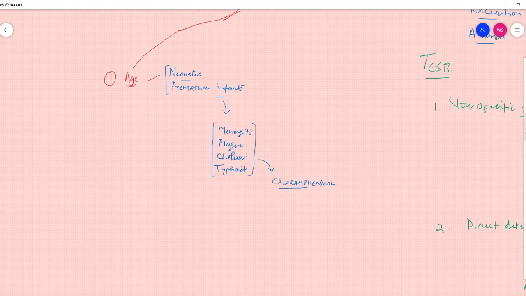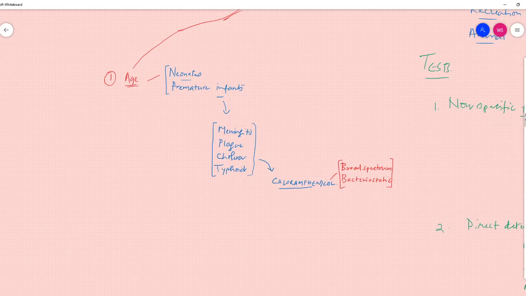Okay, so chloramphenicol itself is broad spectrum. What is broad spectrum? Yes, effective against both gram-positive and gram-negative. And it is bacteriostatic. Okay, so chloramphenicol is broad spectrum and bacteriostatic.